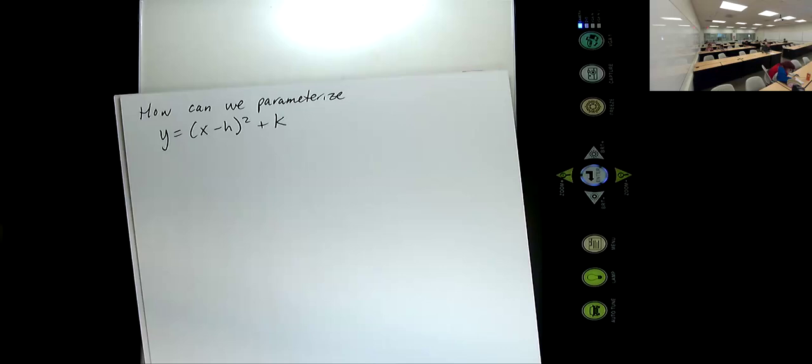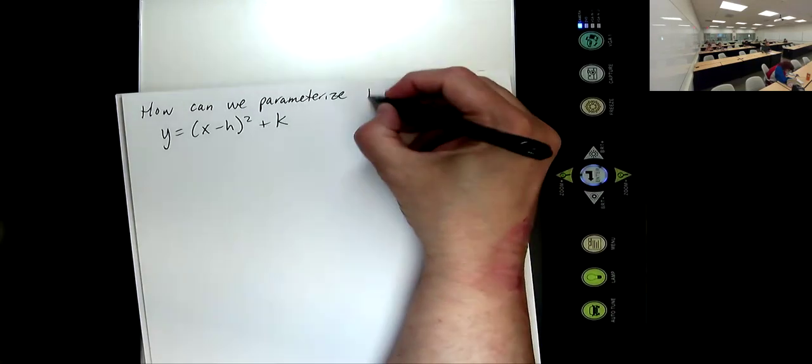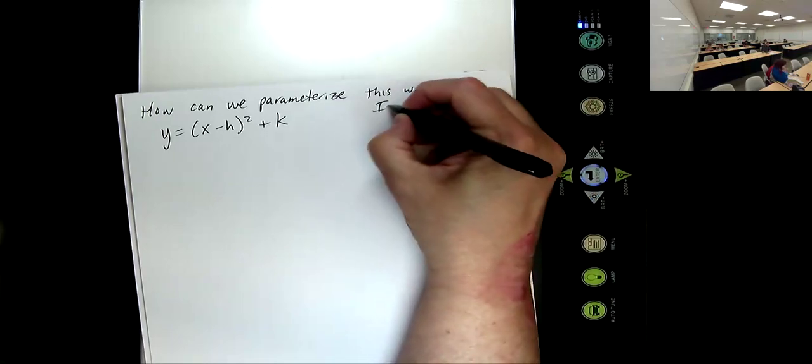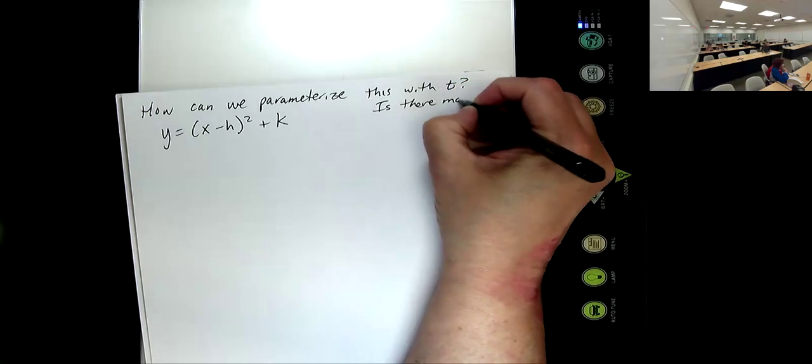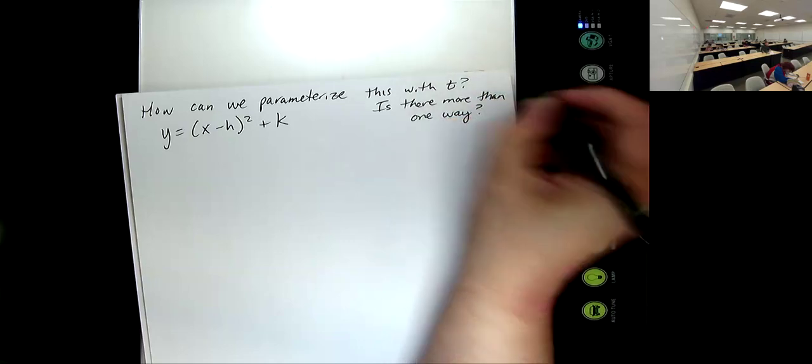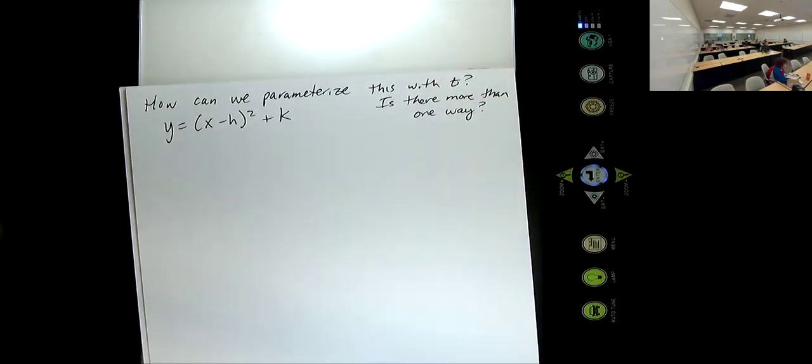The problem in my notes has a specific example, but why do that when we could do any parabola? How can we parameterize this with t? And is there more than one way? There is the lamest version ever.